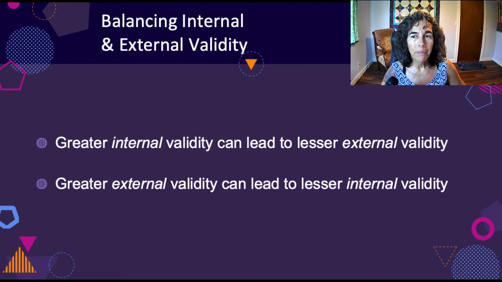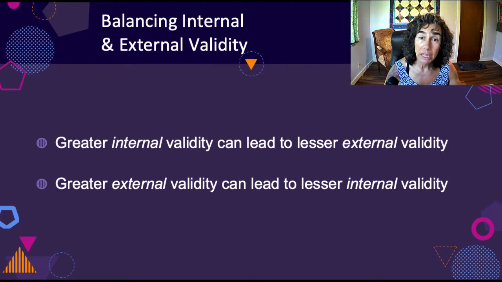Now, sounds great, but in reality, we need to balance internal and external validity. So greater internal validity can lead to a lesser external validity and vice versa. If we're in a lab setting, we have greater internal validity, right?